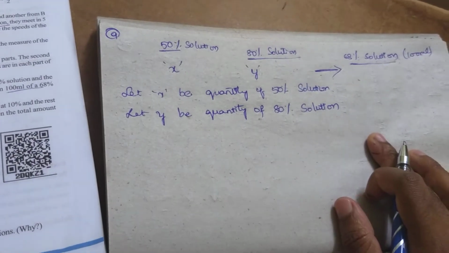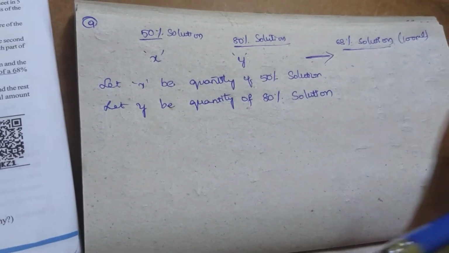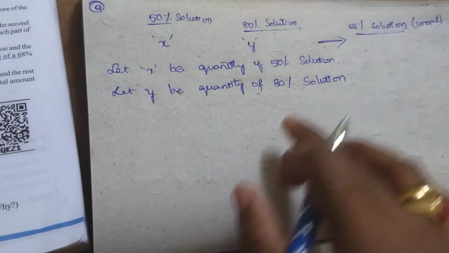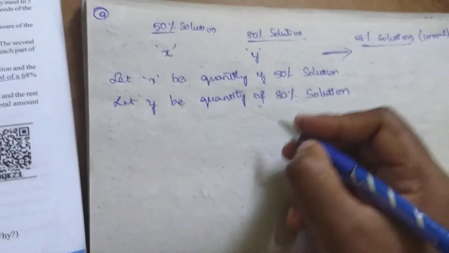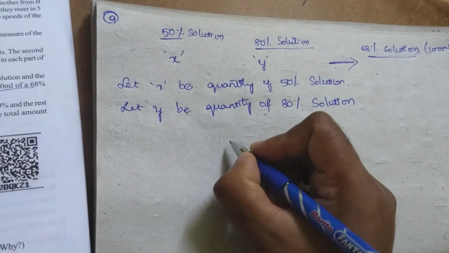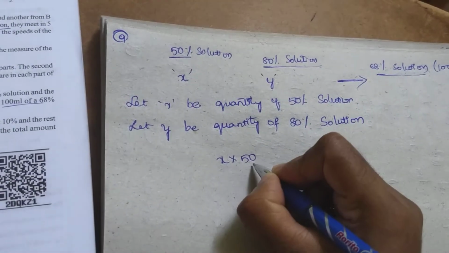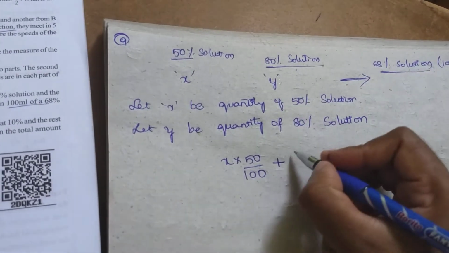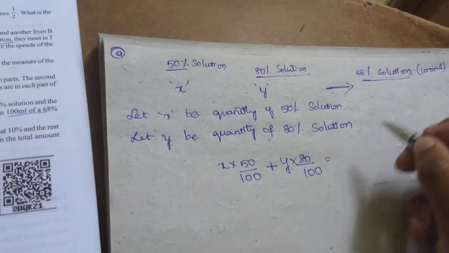So here first of all let us obtain the values for 1 ml, and in the final solution you can obtain for 100 ml. So let us calculate the values for 1 ml. How can you calculate? This can be written as X into 50 by 100 plus Y into 80 by 100 equals, what should we get?